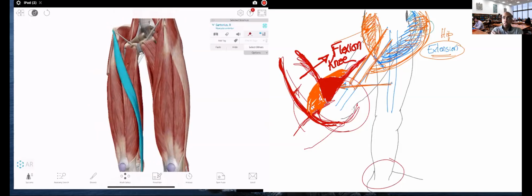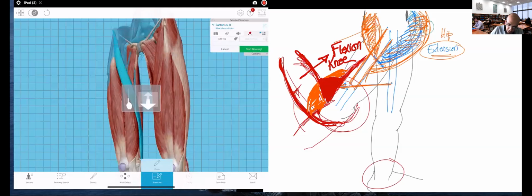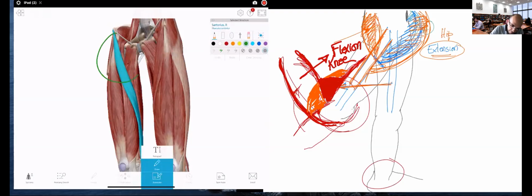Another muscle that we saw at the end of class last time, this was the longest muscle in your body. This was the sartorius. And if you remember, sartorius was traveling in front of the hip and behind the knee. Passing in front of the hip joint, what action would I have?